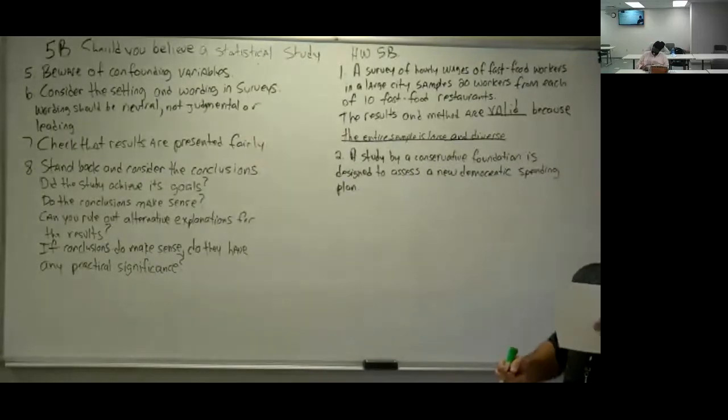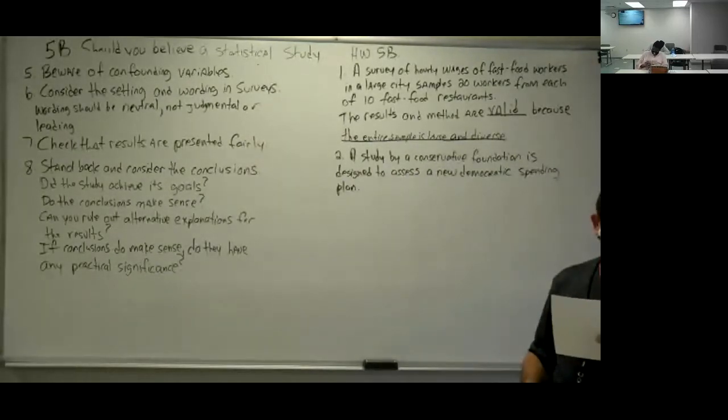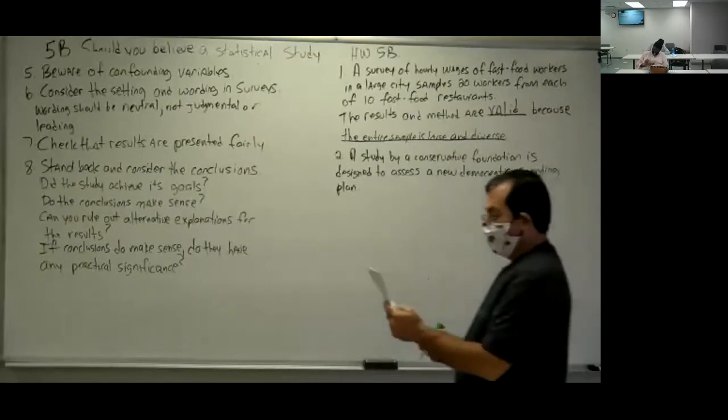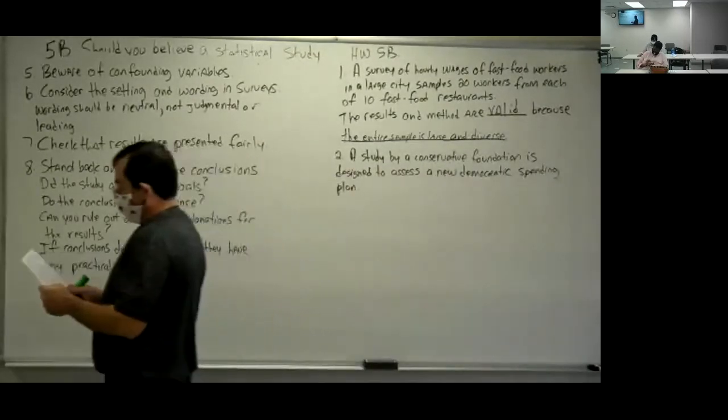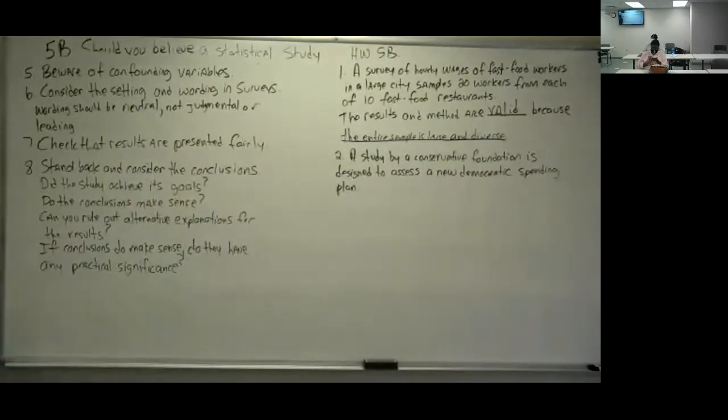Is there a reason to question the results? And it gives you some reasons. A says, yes, there's reason, because there is a possibility of bias in the study. B says, no, there is not a reason. The goal of the study is clear. C says, no, there is not a reason.